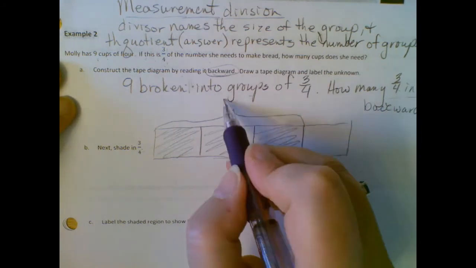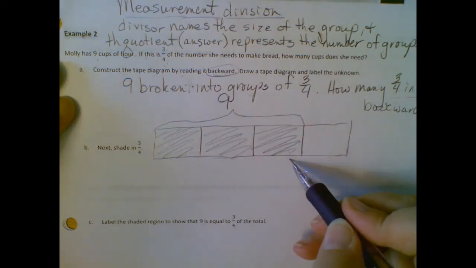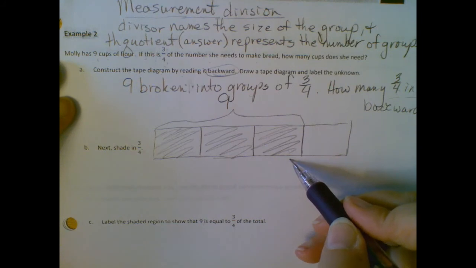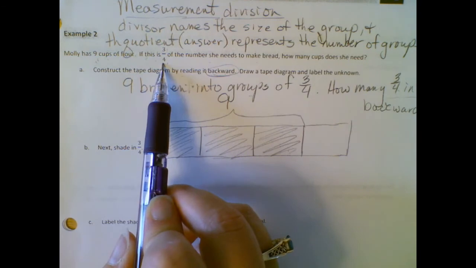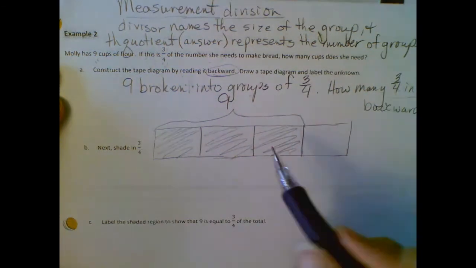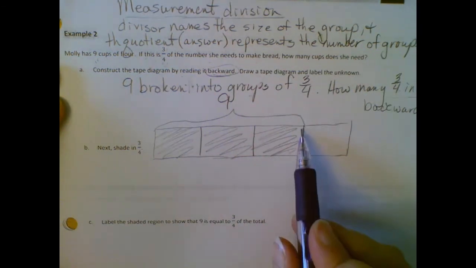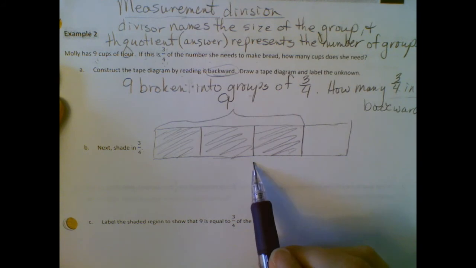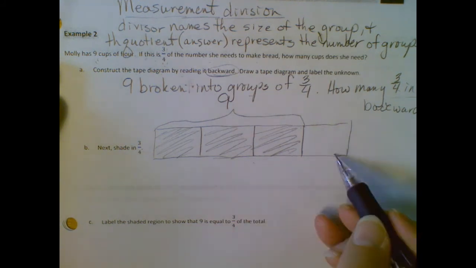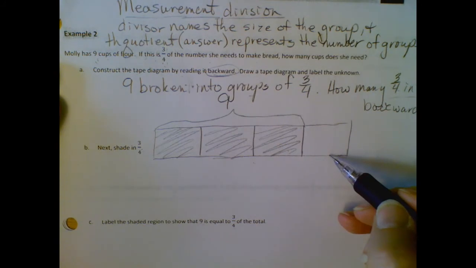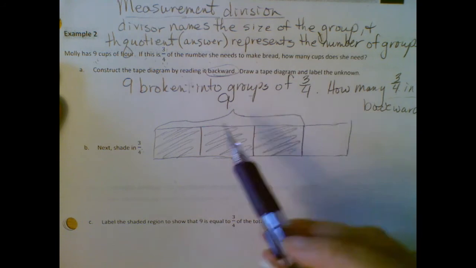And in the problem, they're saying 9 cups of flour. If this is 3/4 of the number she needs to make bread, that's why we can now say, oh, 9 equals the 3/4 big groups. So, therefore, I can figure out what equals 9.